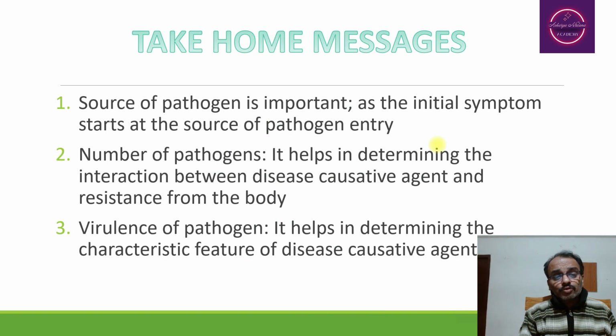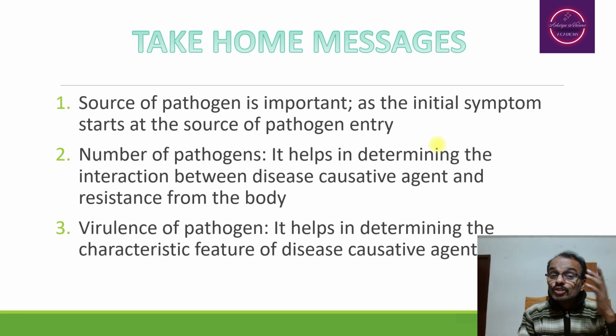The take home message from today's session is that the source of the pathogen is very, very important in the human body. Why? Because the initial manifestation of the symptom starts from the source of pathogen entry. If the source of entry of the pathogen is the nose, the initial manifestation will start in the nose itself, such as sneezing or running nose or nasal blockage or postnasal drip, et cetera.